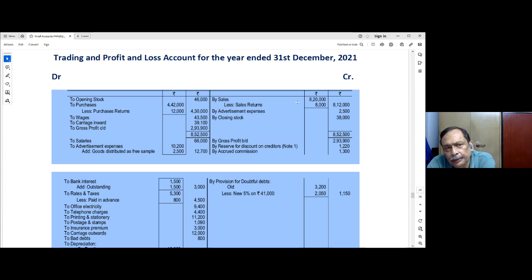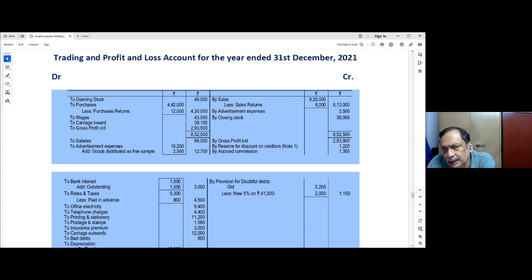Okay. So we are taking opening stock. We are taking purchases less returns. So net purchase is recorded. We have taken wages. We have taken carriage inward. Then in the credit side, we are writing by sales, less sales return.